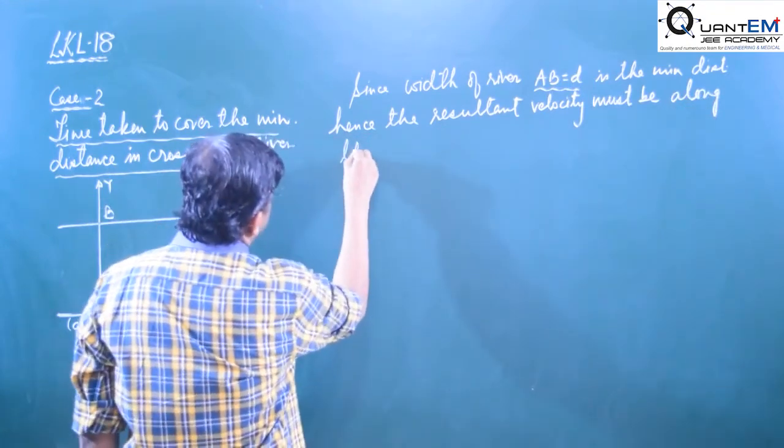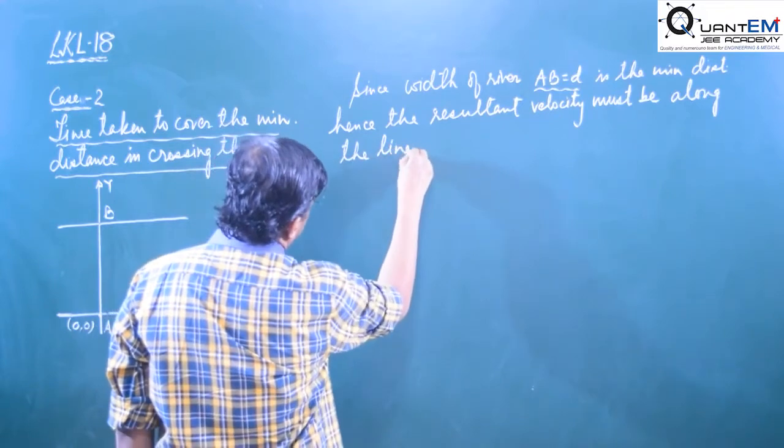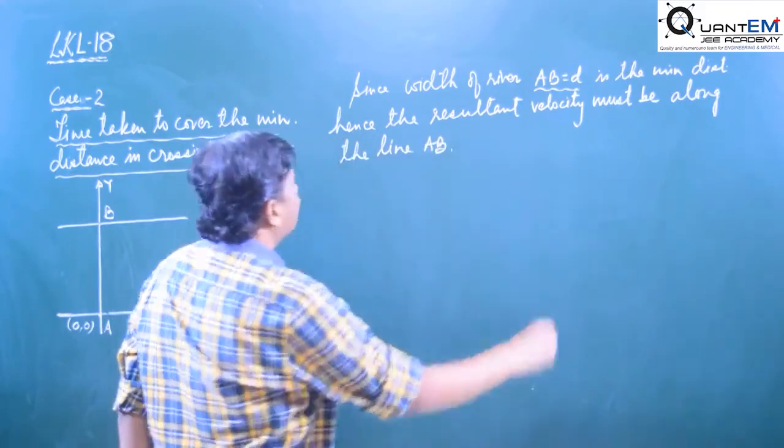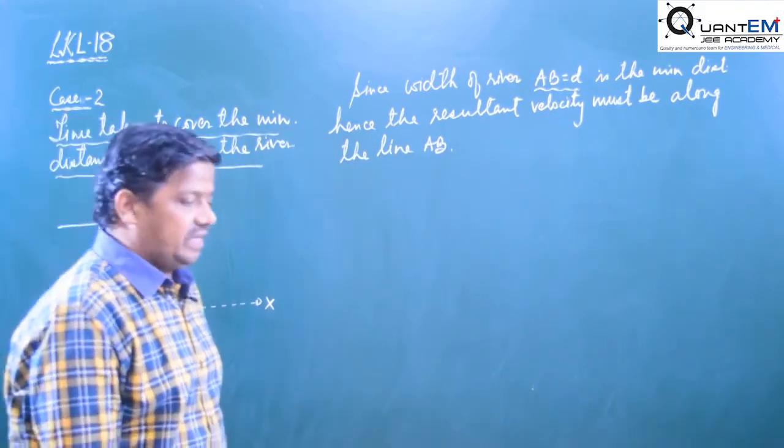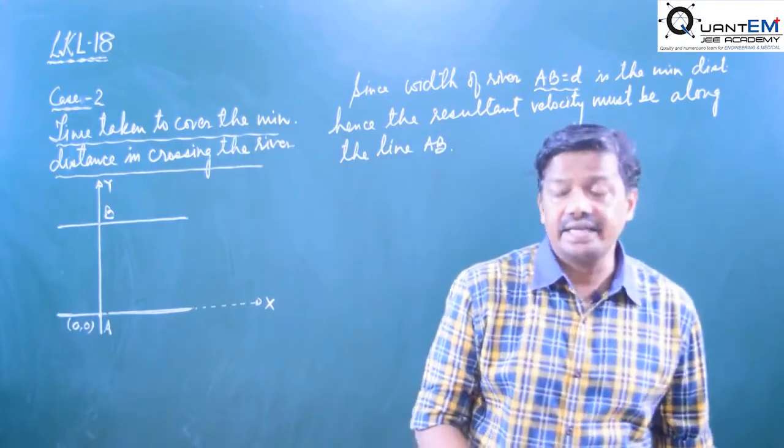Okay. Minimum distance must be along this line, the AB line.